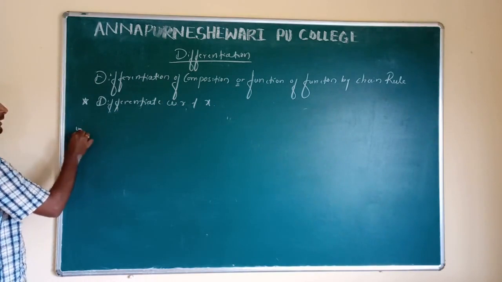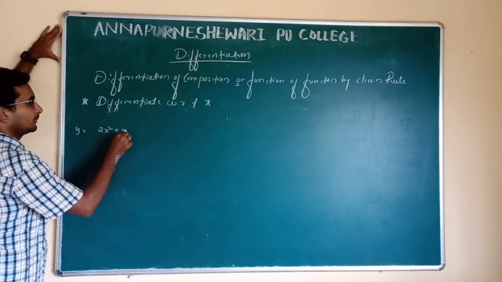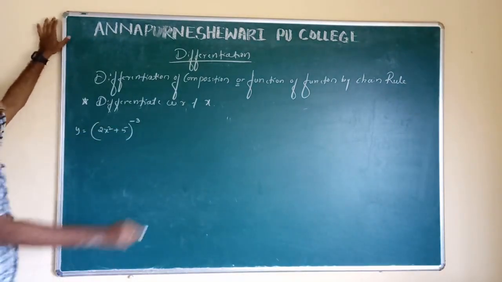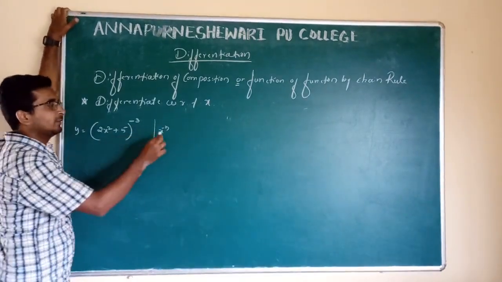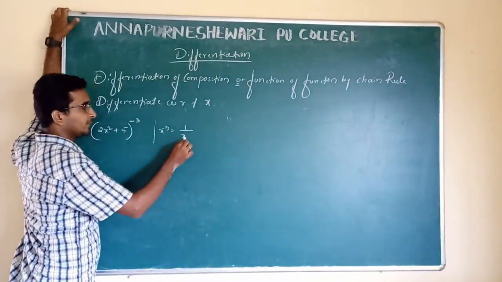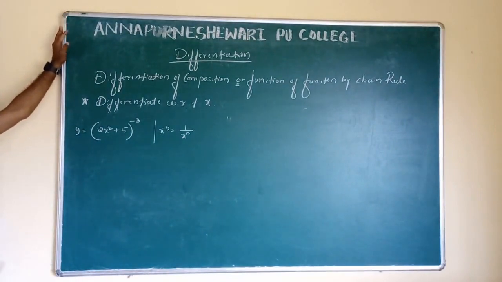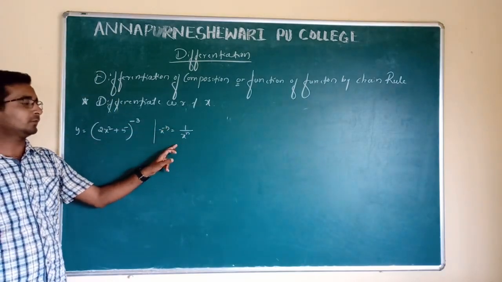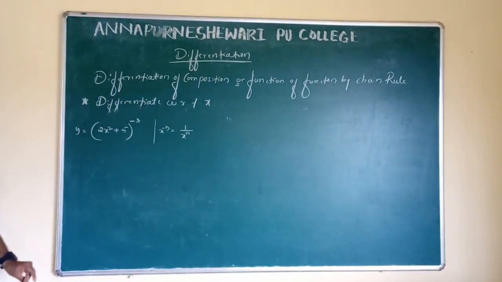Whenever they give an example like y equal to 2x square plus 5 whole raised to minus 3, this is x raised to minus n actually. Whenever they give x raised to minus 1, shall I take this as x raised to n? We can take this as 1 divided by x raised to n. So x raised to minus n is nothing but 1 divided by x raised to n. Getting? When it goes to the denominator, its power becomes plus.